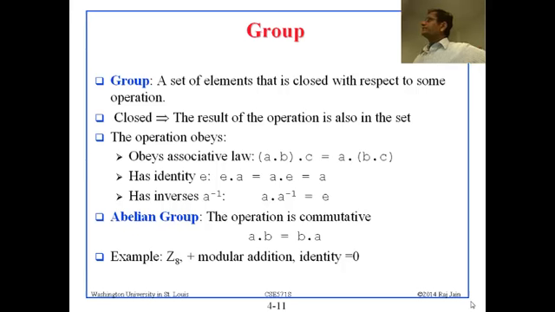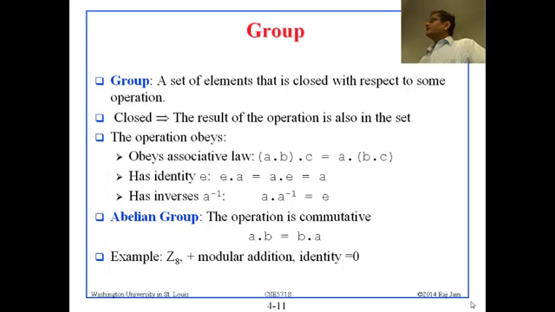So if I define an operation called dot, and it is associative, associative means A dot B dot C is equal to A dot parenthesis B dot C, and then I have an identity, so that if multiplied by some E identity, it remains the same, and if it has an identity, it will have an inverse, so that if I multiply A by A inverse, I get an E.